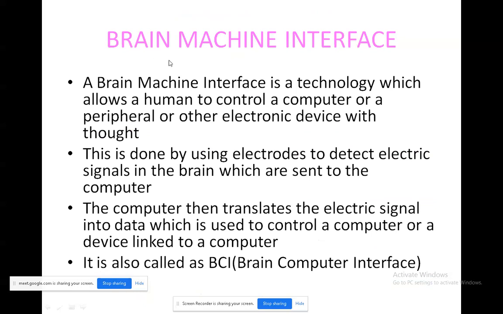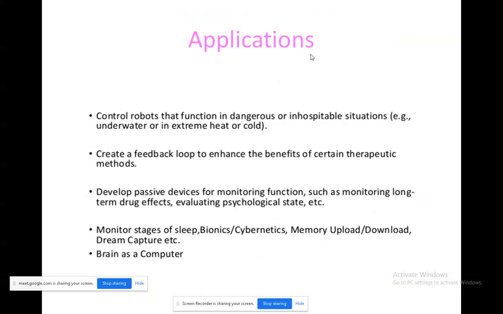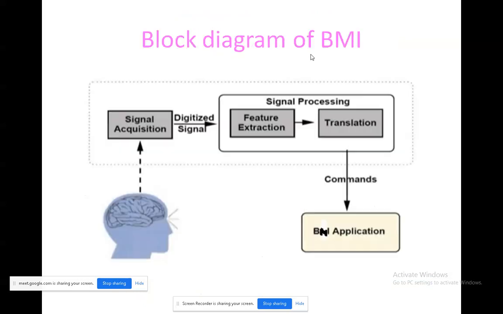That is one example I said. Block diagram: the brain signal, the thinking, will be collected, and then this data will be converted into digital form, and then you will do some processing, such as translating or extracting.